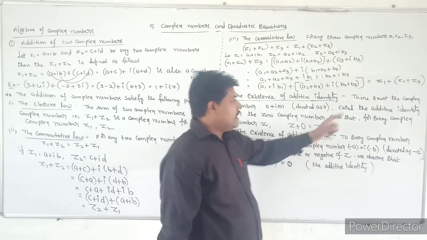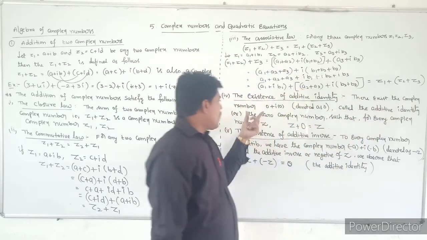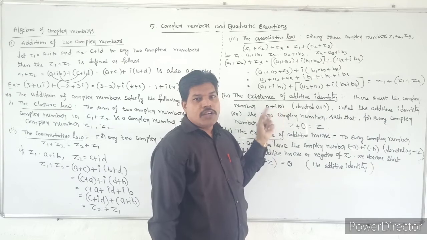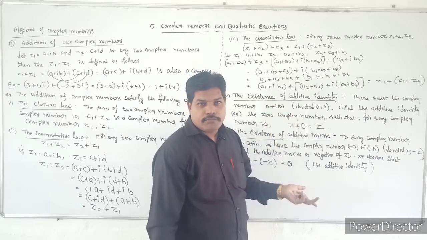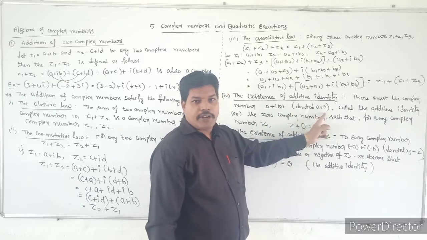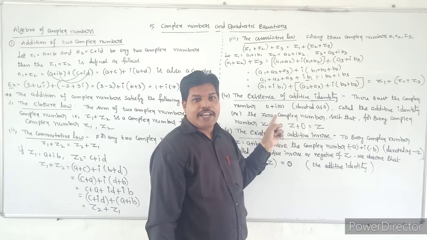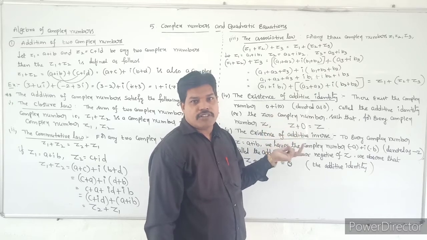See this one here. For example, there exists a complex number. I am taking one complex number. What is that? 0 plus i into 0. That is called 0. The number 0 can be written as 0 plus i into 0. It is also a complex number.